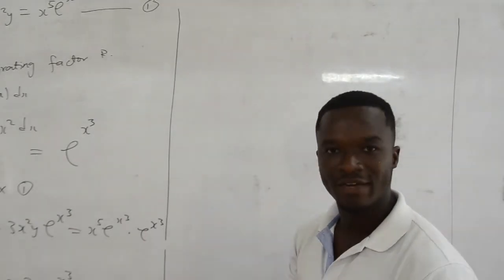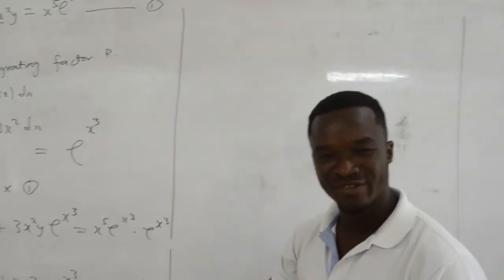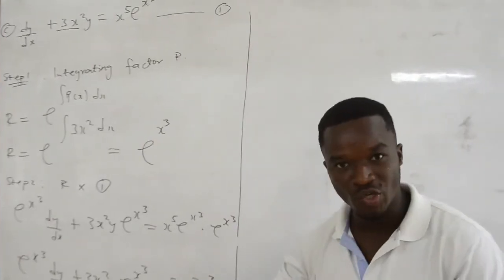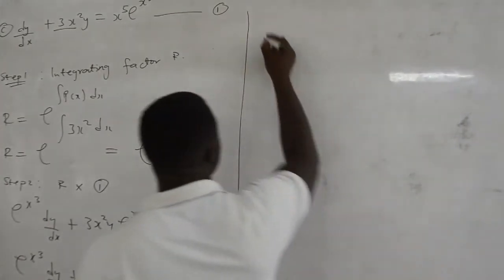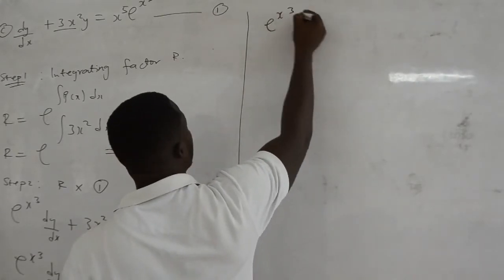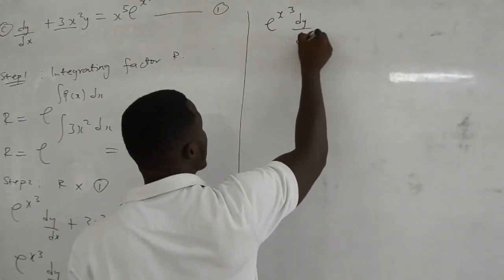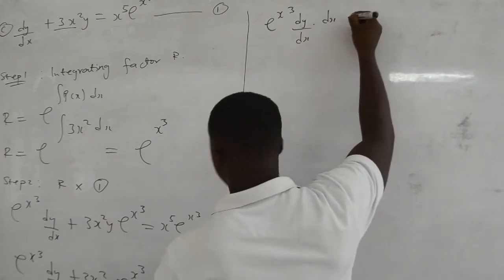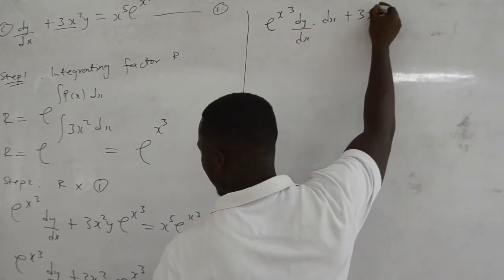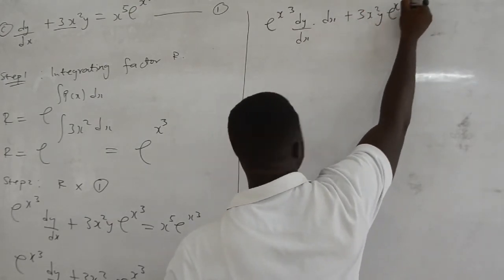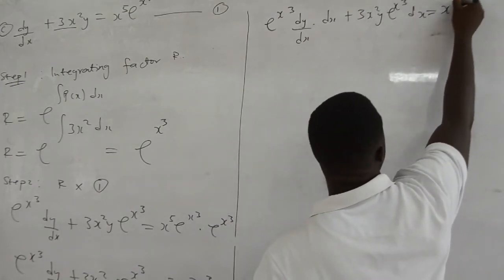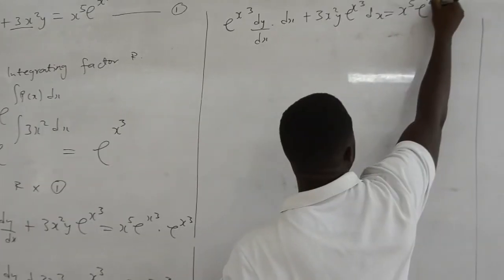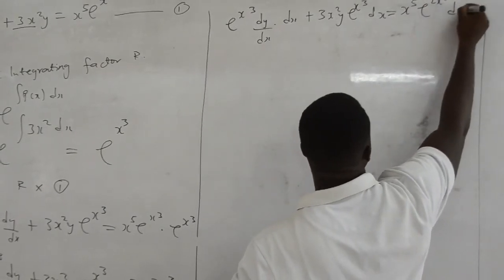The next step of linear first order, after multiplying by your integrating factor r, is to multiply the whole equation by dx. Then I'll have e exponent x to the power of 3 dy dx times dx plus 3x squared y e exponent x to the power of 3 dx is equal to x to the power of 5 e exponent 2x cubed dx.